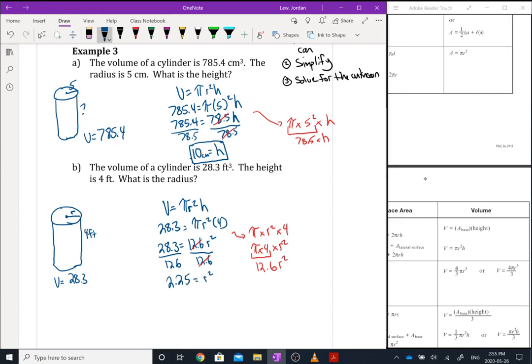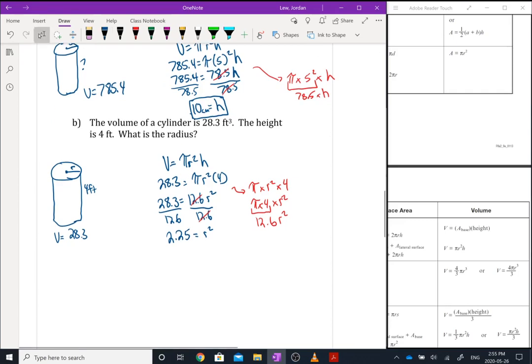equals r squared. And now I want to get r by itself, so I have to square root to get rid of that squared. So the square root of 2.25, so very similar to the Pythagorean theorem that we did, equals r.